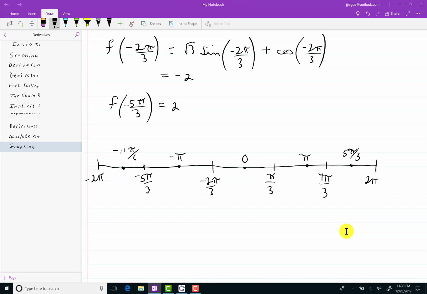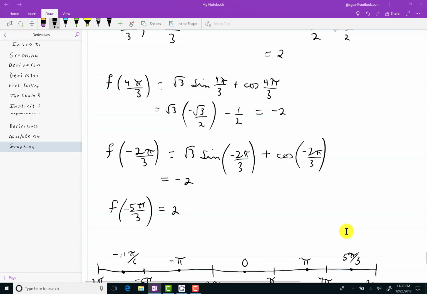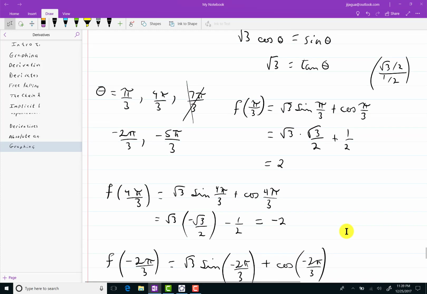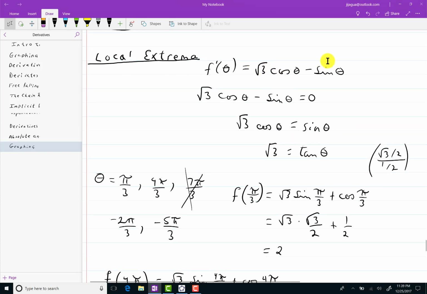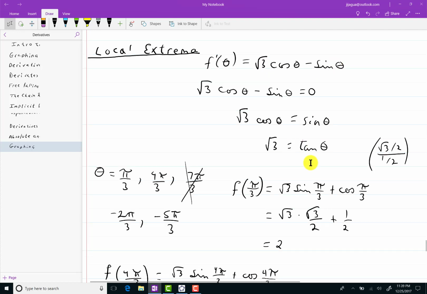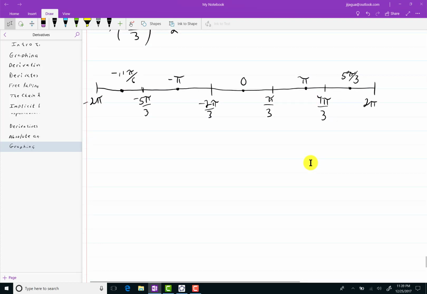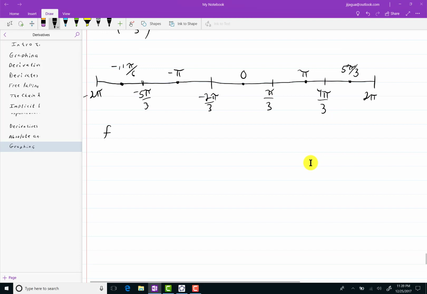And let's plug them each into the derivative. Where was that derivative? Radical 3 cosine of theta minus sine theta. And let's plug these numbers in.